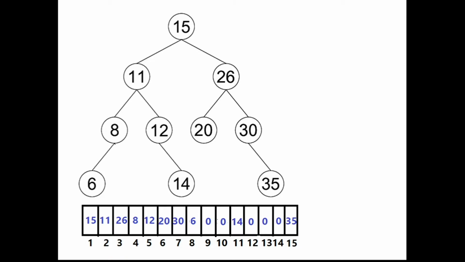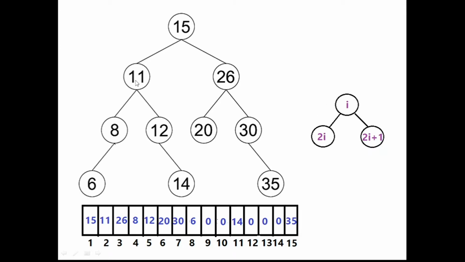So the formula is just this. If the parent is at the ith index, then its left child can be found at the index 2i, 2 multiplied by i, and similarly its right child can be found at the index 2i plus 1. So I think you can check this array. It will properly fit into this logic.